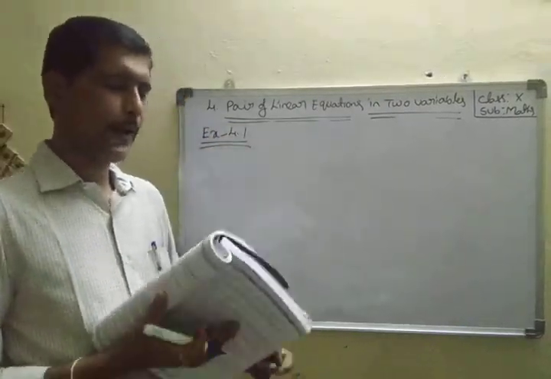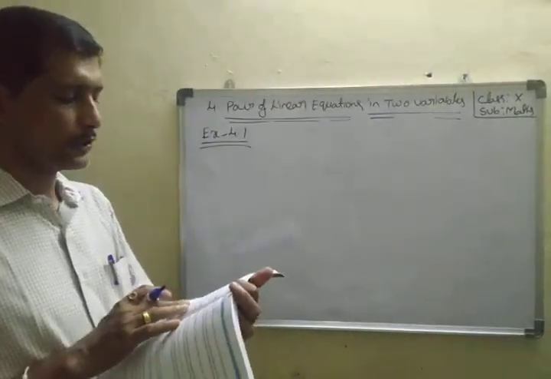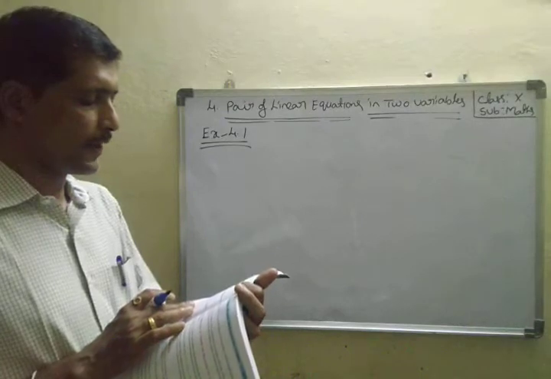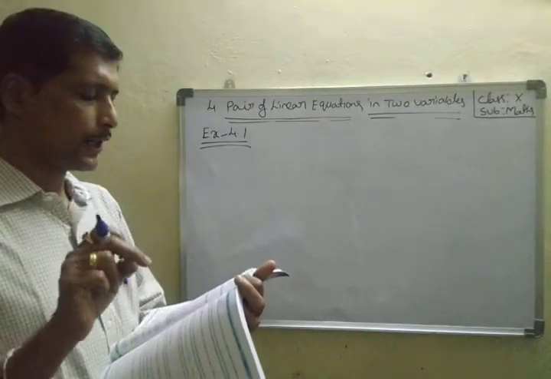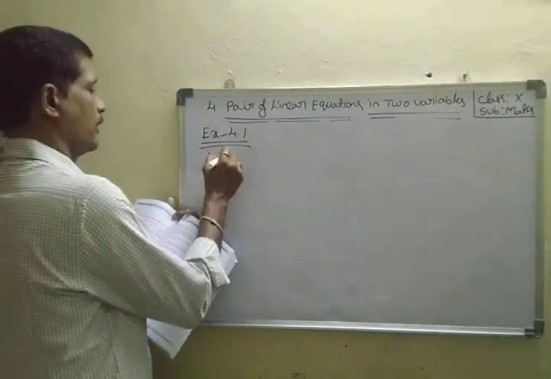Here, by comparing the ratios A1 by A2, B1 by B2, C1 by C2, state whether the lines represented by the following pair of linear equations are intersecting at a point, or parallel lines, or coincident lines.